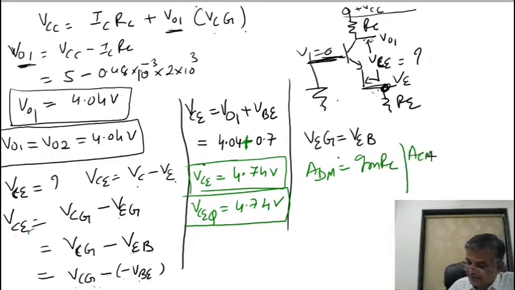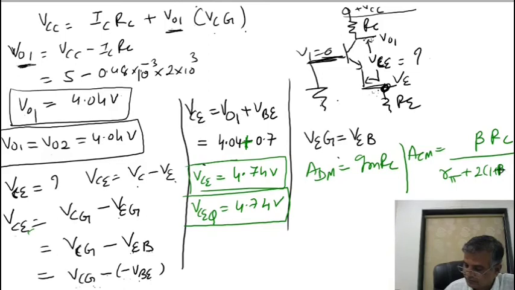And ACM is, you must remember, beta into RC upon r pi plus 2 into 1 plus beta into RE. These two formulas we have done in a previous lecture.